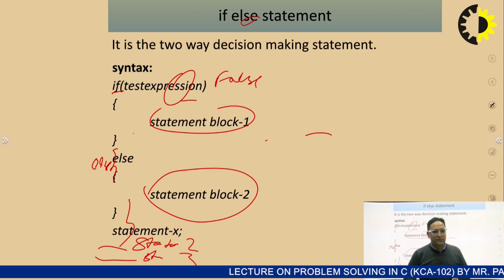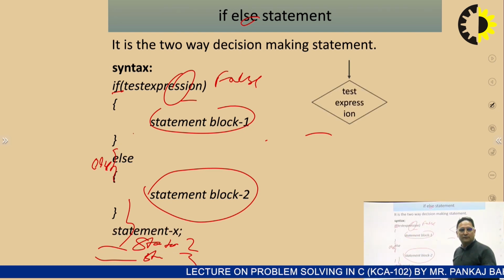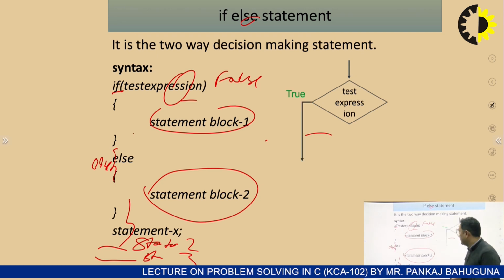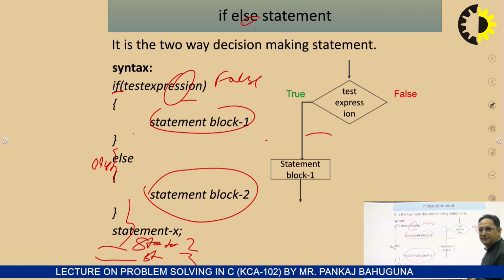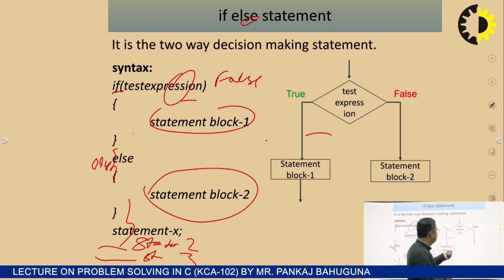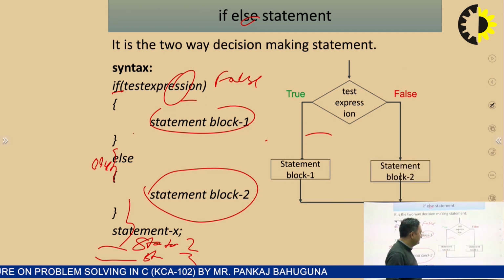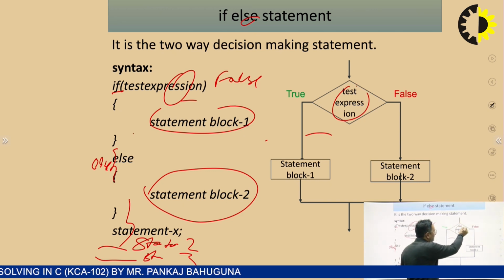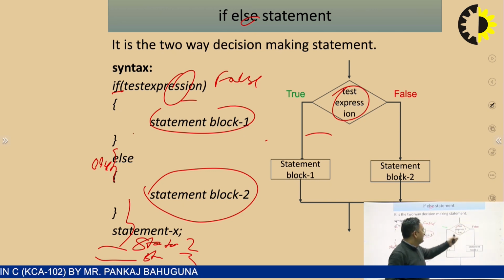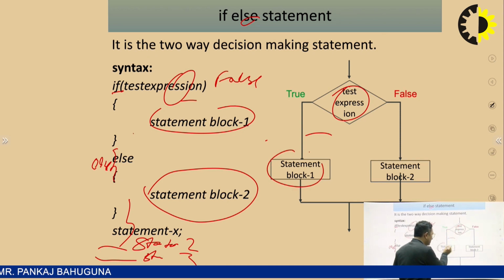Now we can have a quick look at the flow diagram. Something is an expression. If it is true, this block gets executed.